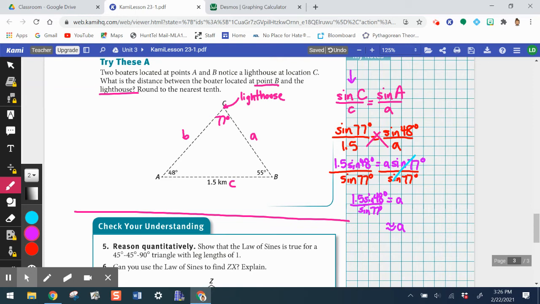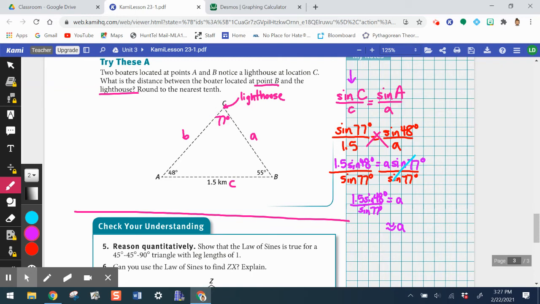Then they asked us to find the distance between the boater located at point B, and notice they use capital B, so we're talking about this vertex here, and the lighthouse, which they told us was located at C. So now, if I'm finding the distance from B to C, I labeled this side lowercase a because it's opposite of vertex A. So I'm definitely going to use the sine of A over its opposite side because that's what we're looking for. So if you wondered, why did I use the sine of C over c and the sine of A over a?